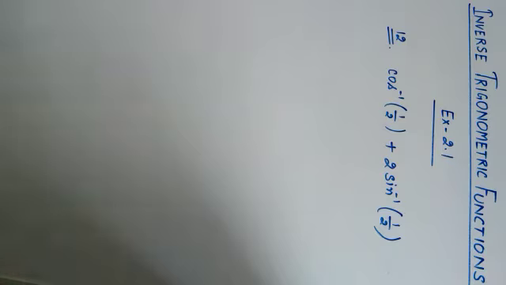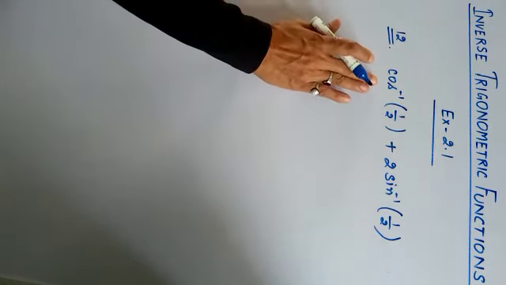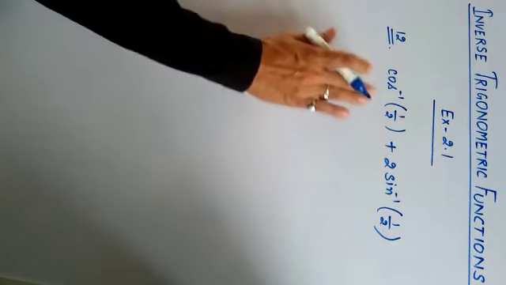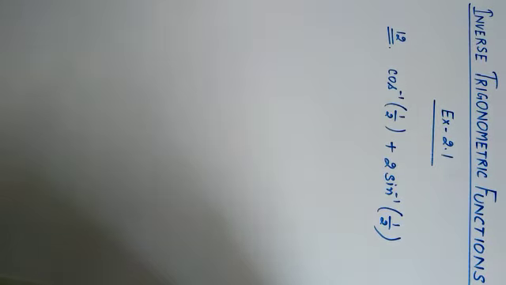Now question number 11 to question number 14, we have to find the values. Again the method is same. Now we will take this question in two parts. First we will solve cos inverse 1 by 2.